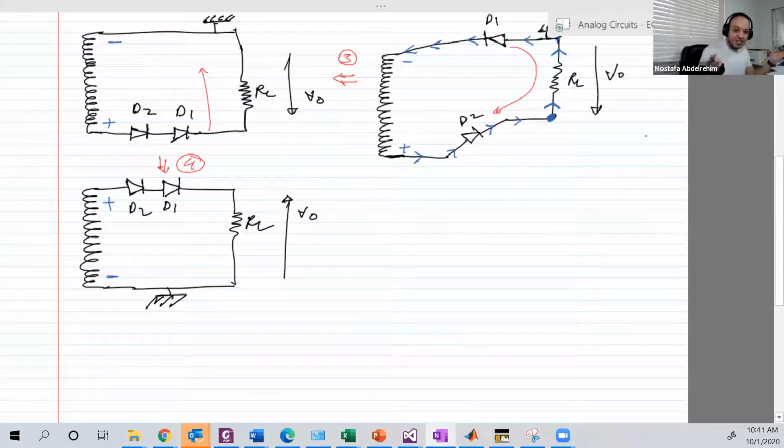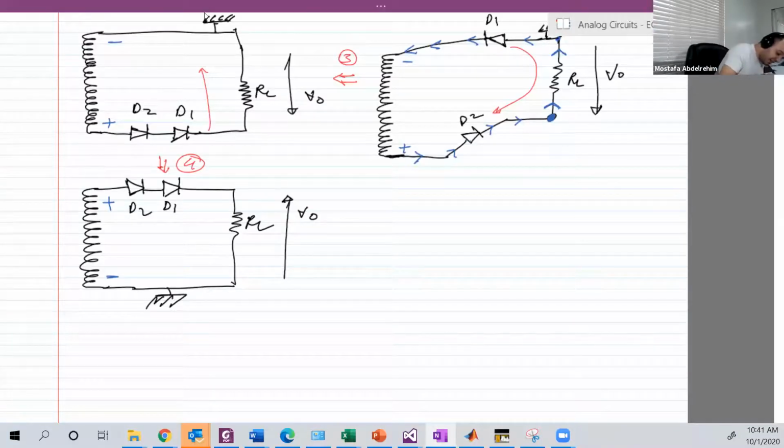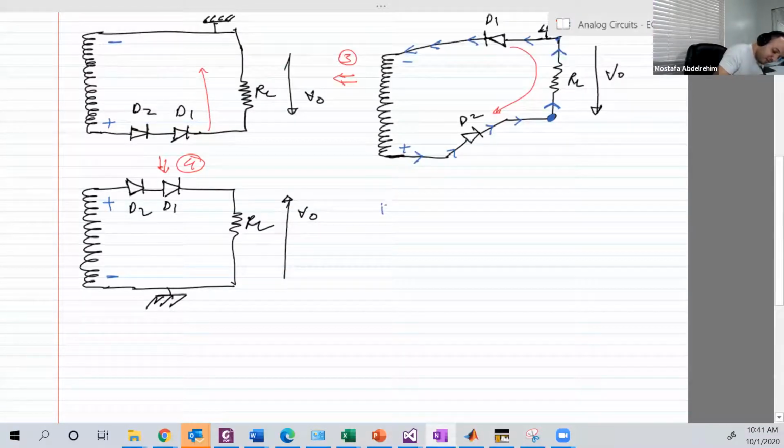We're going to do the same stuff as well. So we're going to say that if V input dash is less than 1.4, D1 and D2 are off. So ID is 0.